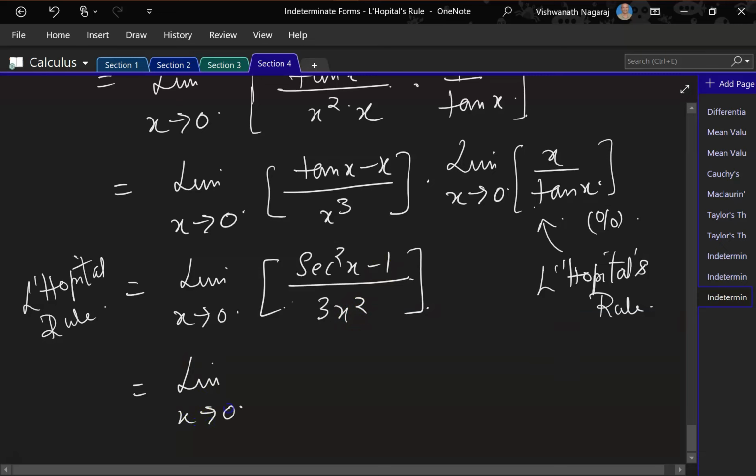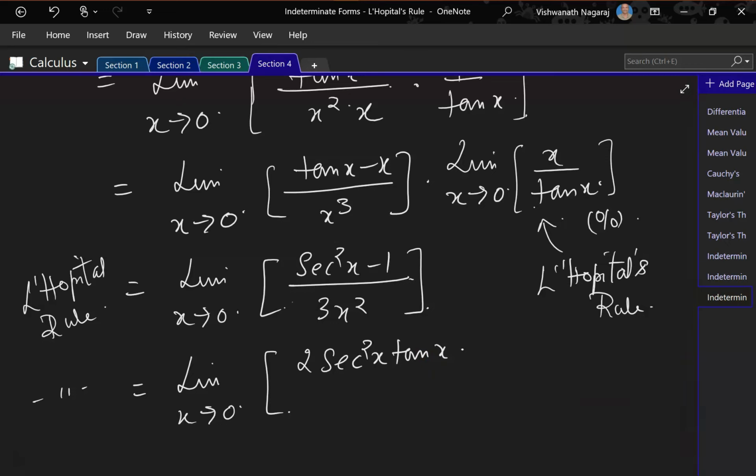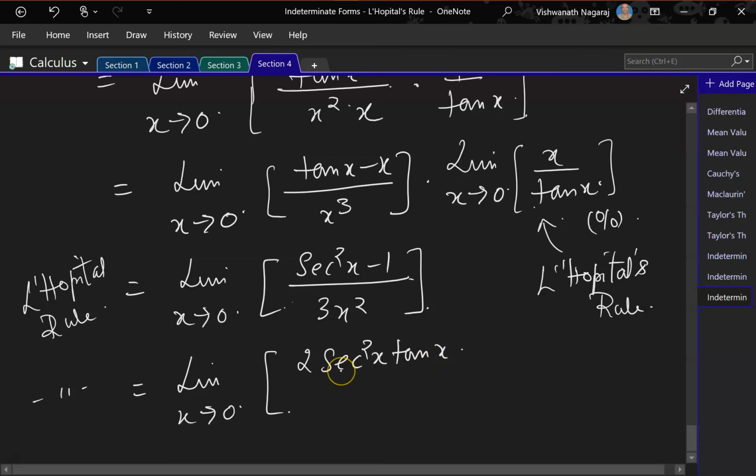So again I'm applying L'Hopital's rule. Sec square x minus 1 will become 0. So the differentiation of sec square x is what? 2 sec square x tan x. See, these are some of the standard ones, and if you remember them, things will become faster. Otherwise, you'll have to differentiate in a roundabout way. And the denominator will become 6x.